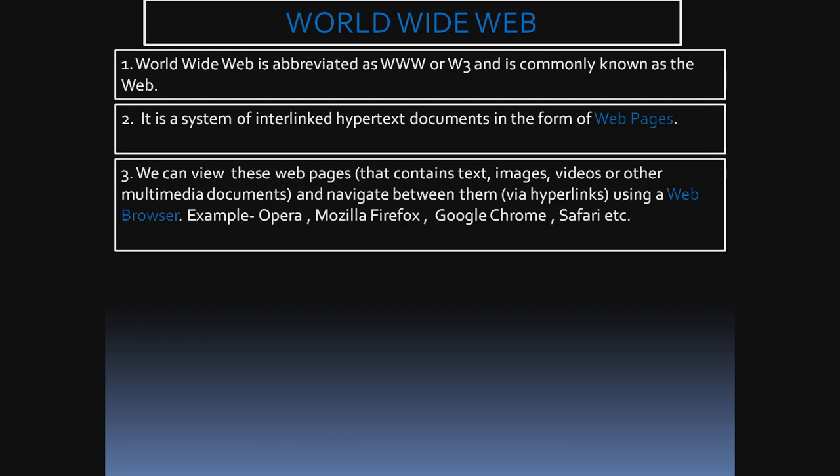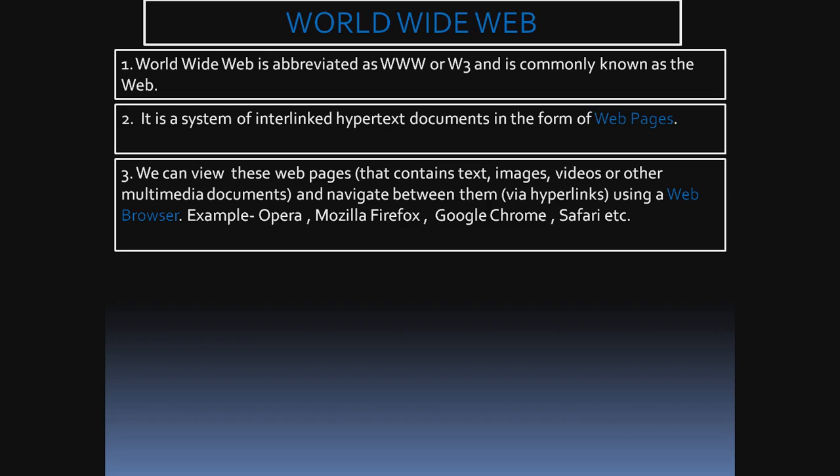And we have also already understood that these web pages contain different types of things, such as simple text, and they can contain an image. We have already understood how to insert an image. They can also contain videos or other multimedia documents like animations.